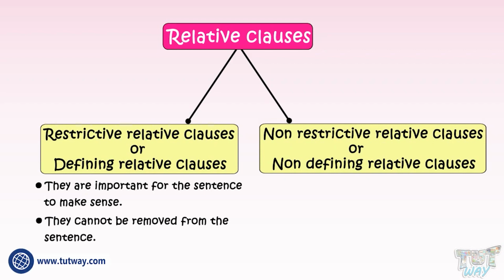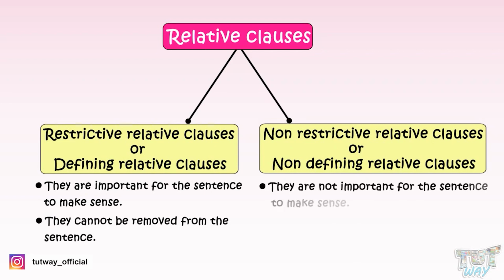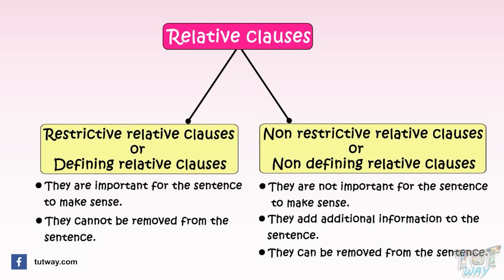And in the case of non-restrictive relative clauses, they are not important for the sentence to make sense. They add additional information to the sentence or tell more about the sentence. In other words, the sentence remains meaningful if we remove the non-restrictive relative clause. Now let's see various examples of relative pronouns and relative clauses.